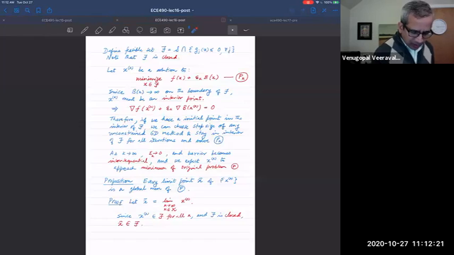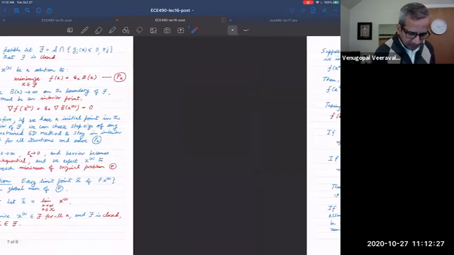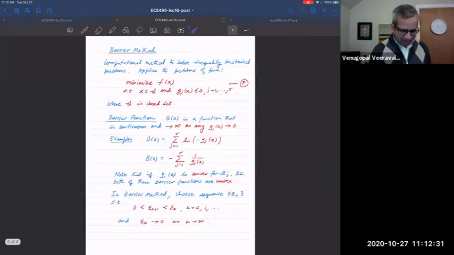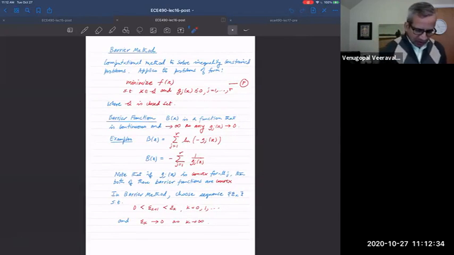All right, so now let's go to the last lecture. What did we talk about in the last lecture? Barrier method. So this was a computational method to solve inequality constraint problems. That's right, this is what we were talking about last time.